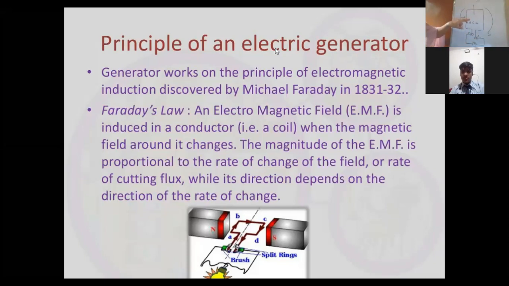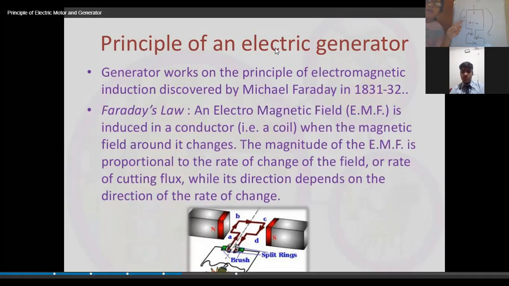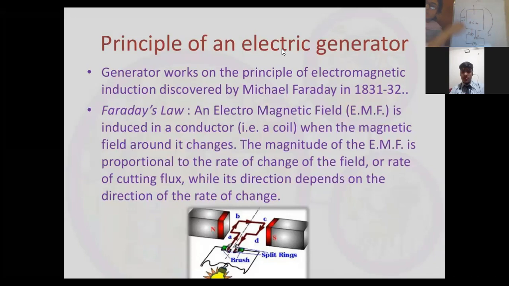The coil will rotate. And once the coil rotates, there will be a change in the magnetic field, and the change in the magnetic field will induce current in the coil and the bulb will glow.